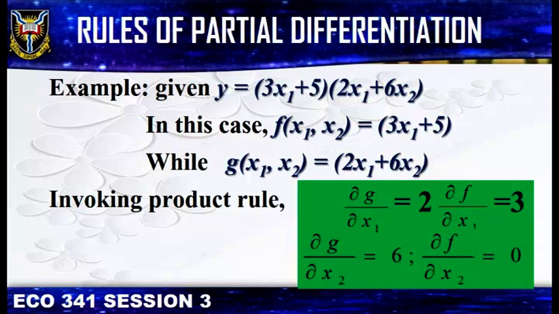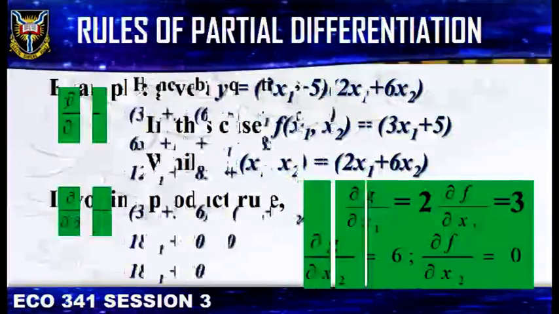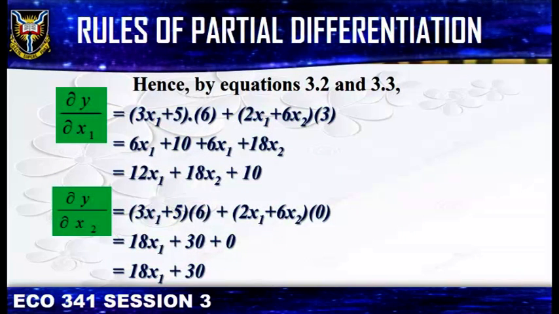Hence, by equations 3.2 and 3.3, partial dy/dx1 is equal to (3x1 + 5)(6 + 2x1 + 6x2)(3) is equal to 6x1 + 10 + 6x1 + 18x2.